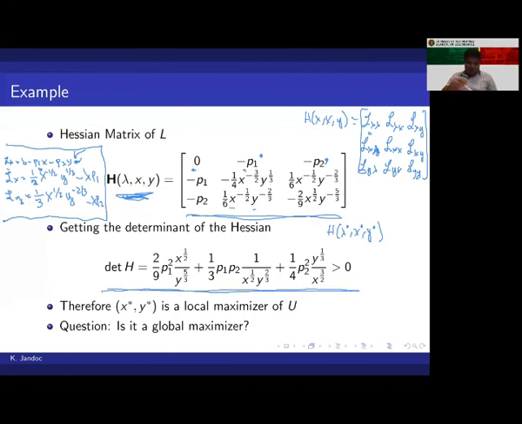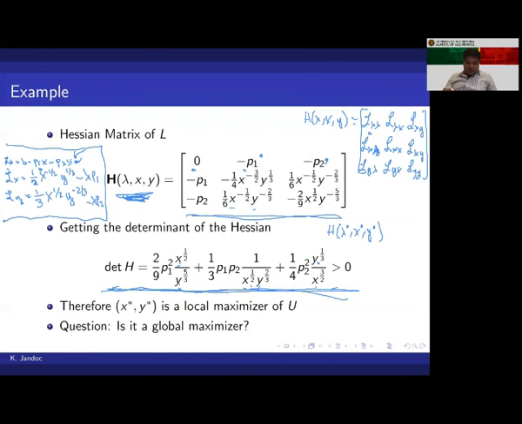I don't want to get into the details of getting this determinant because it's bloody, but just take it on faith that this is the determinant of H, this Hessian matrix over here. Now notice that in this case, we have expressions of x and y over here. Since you know that y and x are levels of consumption, they couldn't be negative numbers, and so therefore, you must have positive consumption of x or y. Then this determinant, since x and y cannot be negative, is greater than 0.